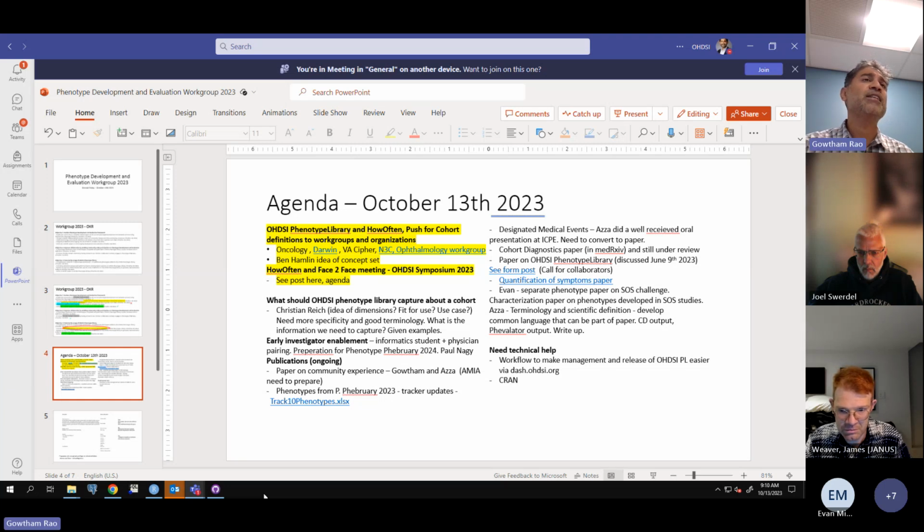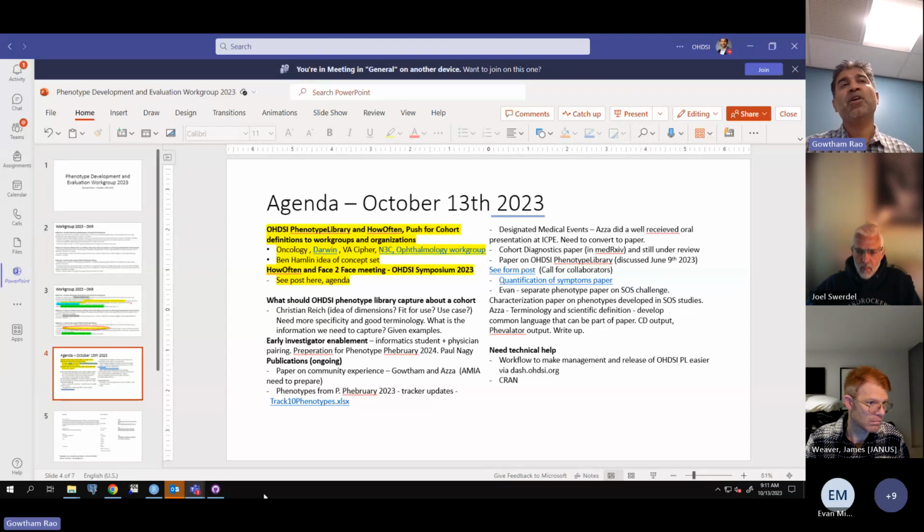We also had other OHDSI collaborators such as Darwin and the VA Cipher and N3C engage in the conversation as part of the contributions. Darwin is interested in contributing at some point in time; they're still trying to figure out how to do it. VA Cipher is a program in the VA that enables VA researchers who are using definitions for phenotype algorithms for any VA research work, and that includes non-OMOP, non-OHDSI based work.